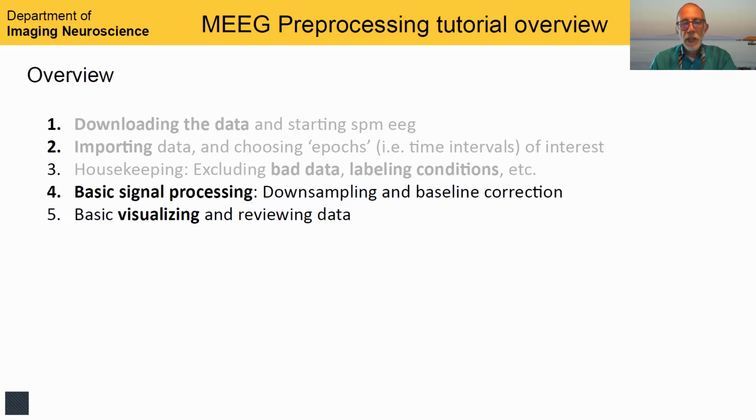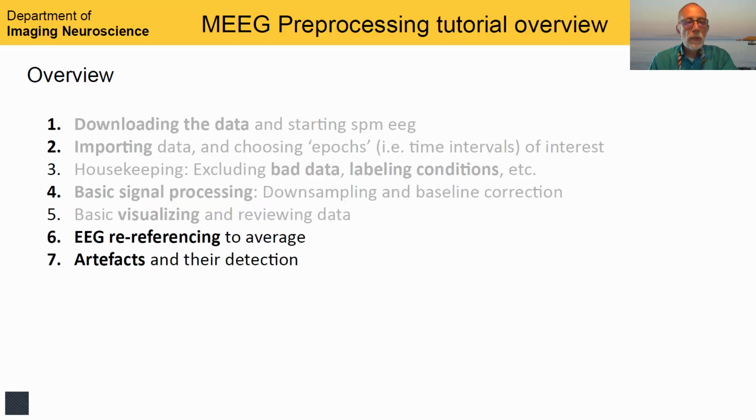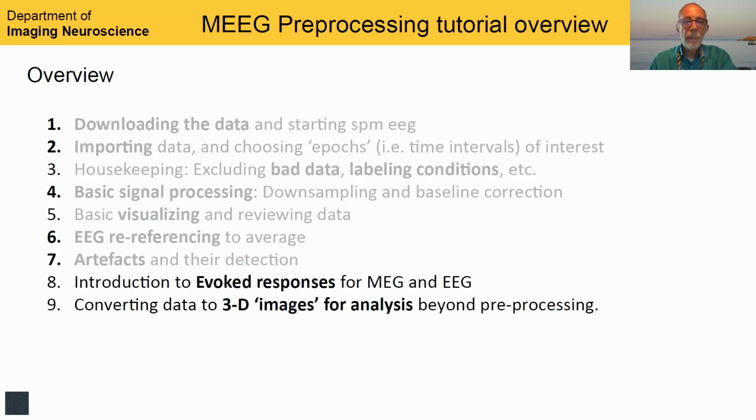We are going to visualize and review our basic data, and then we're going to re-reference the EEG to the average recording. And we're going to talk a bit about artifacts and their detection. Then we're going to introduce ourselves to averaging with a view to looking at evoked responses.